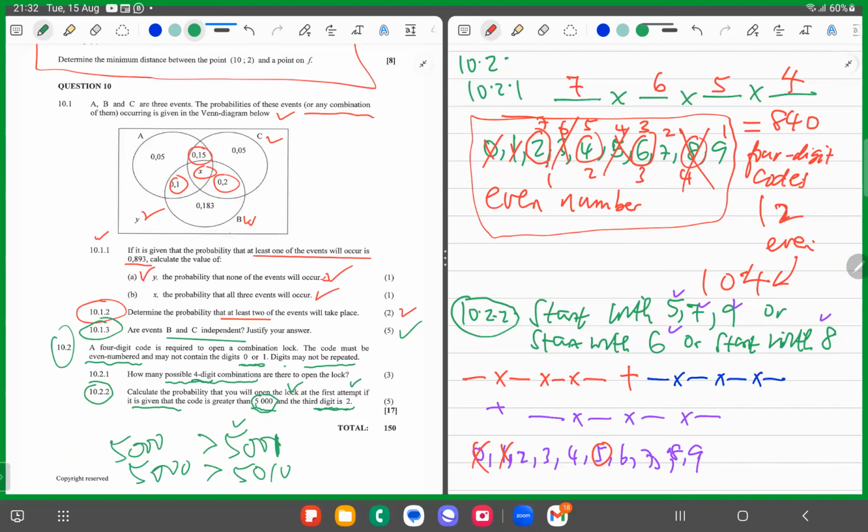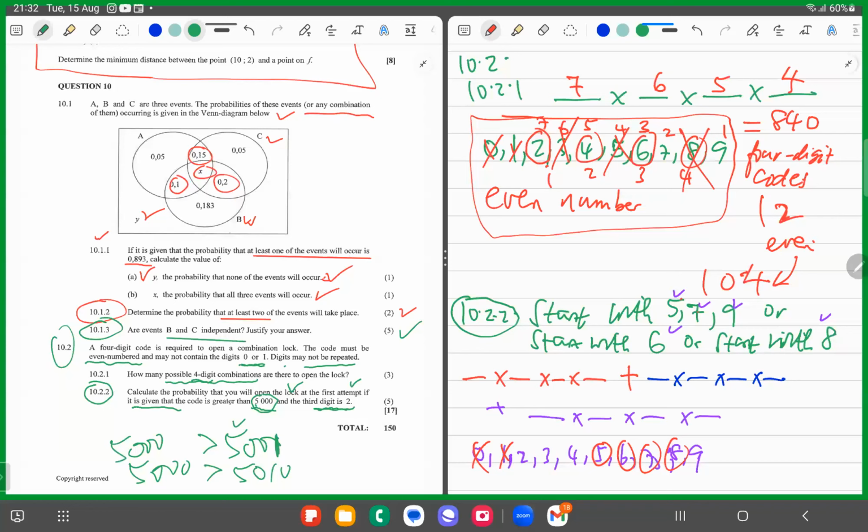So that is the story. You start with 5, or you start with 6, or you start with 7, or you start with 8. Right, okay. Suppose you start with 5, 7, 9.